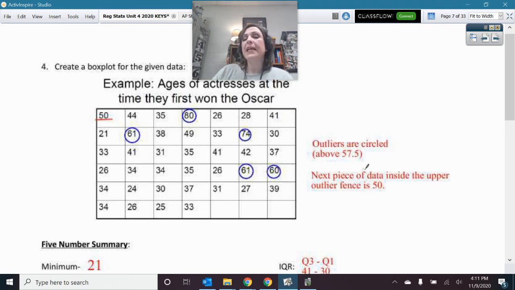Now I also remember I need to find the next piece of data inside the fence. So that means I need to find the next piece of data that is below 57.5. And the one that is closest to that was that 50. So that tells me that's where that upper whisker will go to.